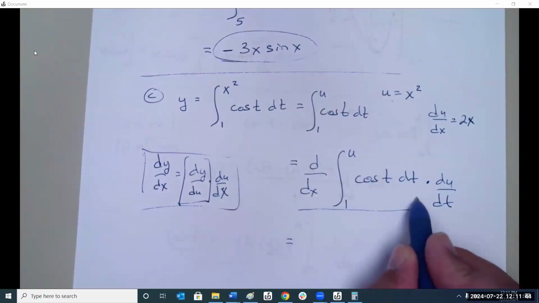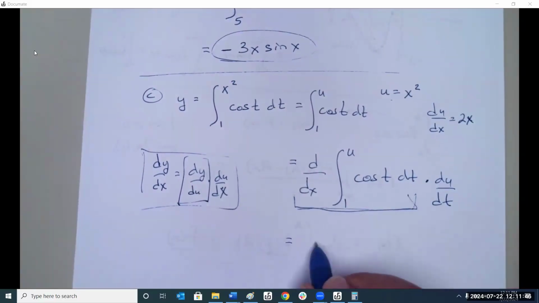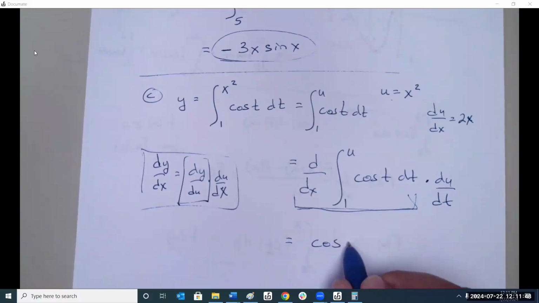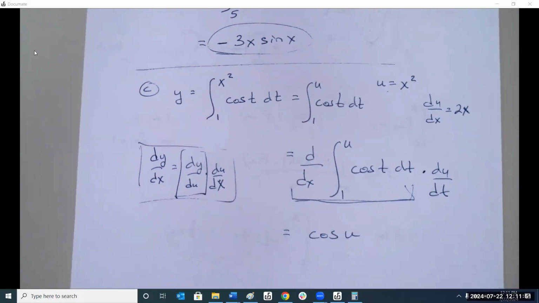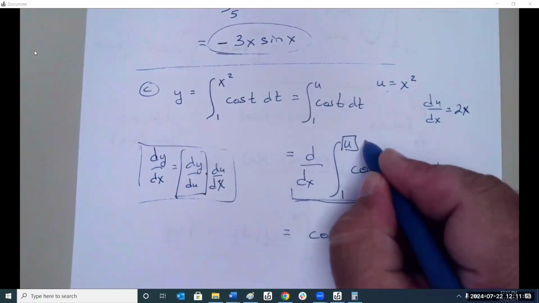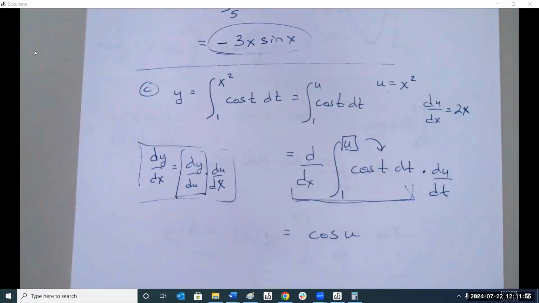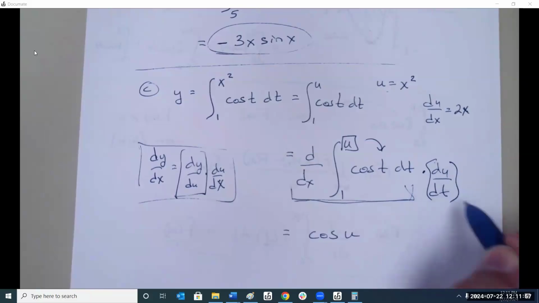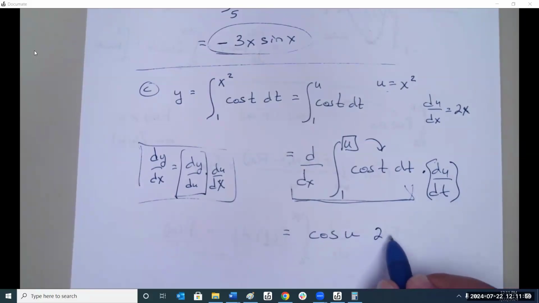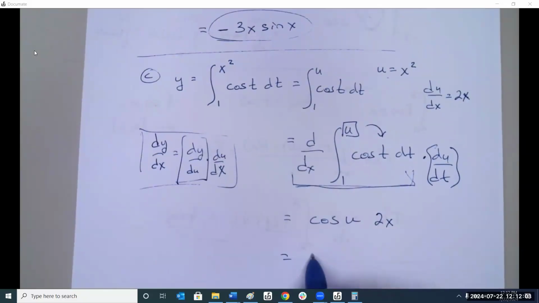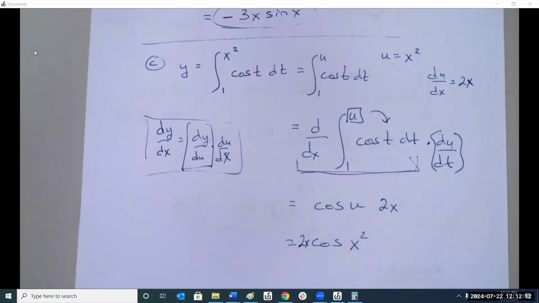So this part is simply the cosine u, because whatever is up here goes in place. And du dx is 2x. So it's cosine of x squared with 2x out in front.